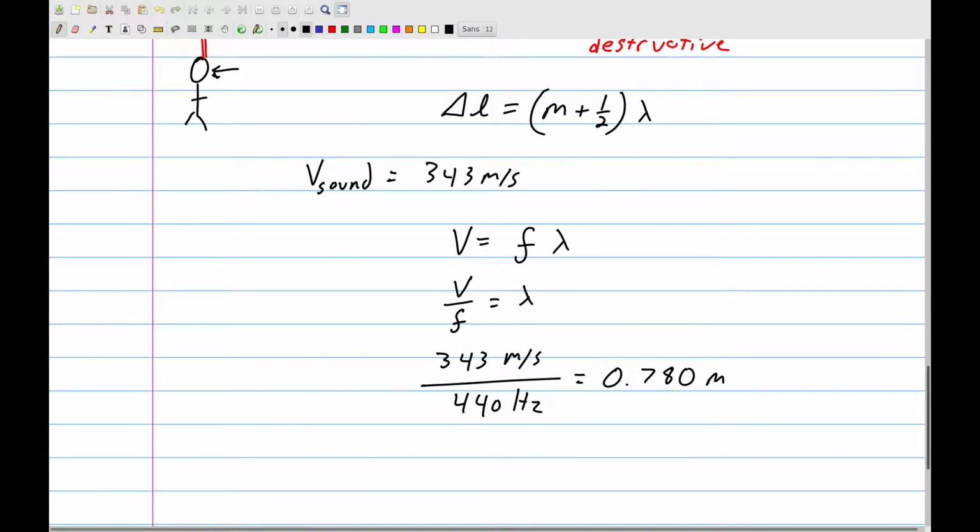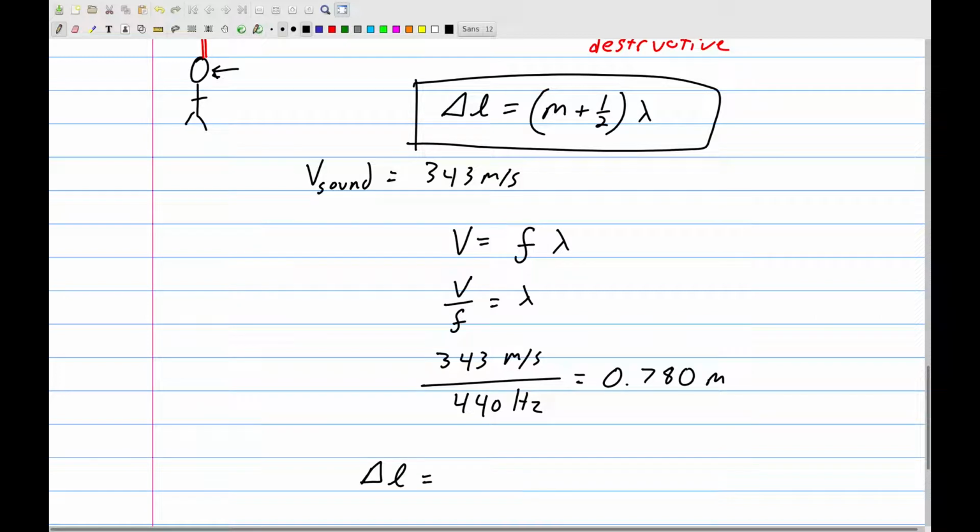Now that we have that, we can plug that into this equation up here. But there's one thing we need to be careful of, and that is, what is m? The easiest way to solve this problem is to use m equal to 0. If m is equal to 0, that will give us the first time their separation is going to work. If we use 1 or 2 or 3, those will also work. You'll get different numbers, but you'll get quiet spots whenever they're separated by that much in this configuration where the person's standing over there.